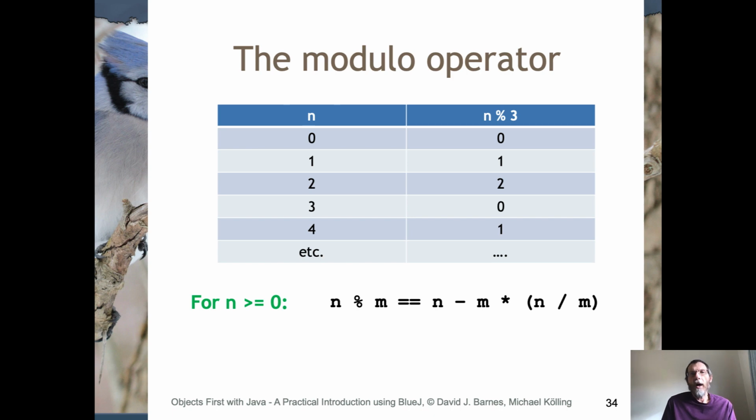Similarly, 1 cannot be divided by 3, so the remainder of 1 when divided by 3 is 1. We also see a similar result for 2. 2 doesn't divide by 3, so again we have remainder 2. However, 3 divided by 3 is 1, and the remainder is 0. Therefore, 3 modulo 3 is 0.